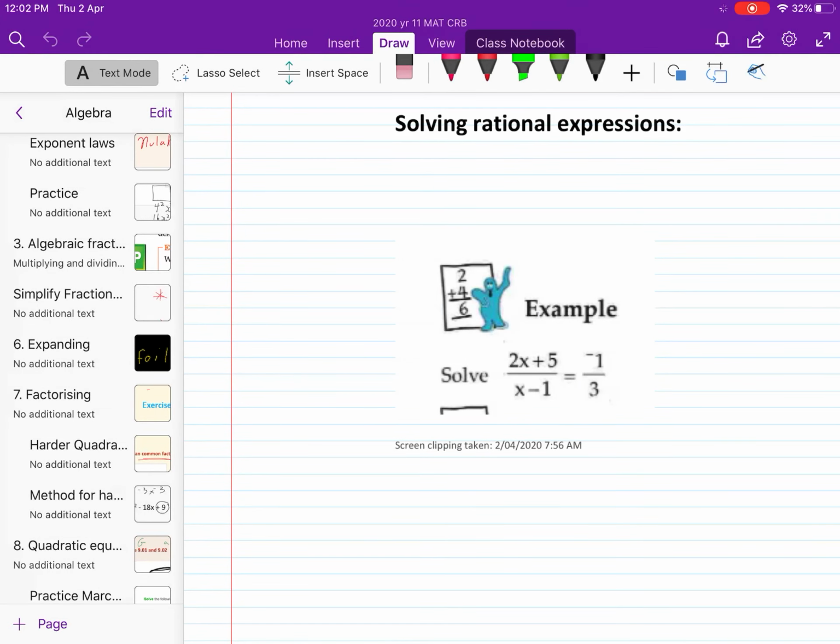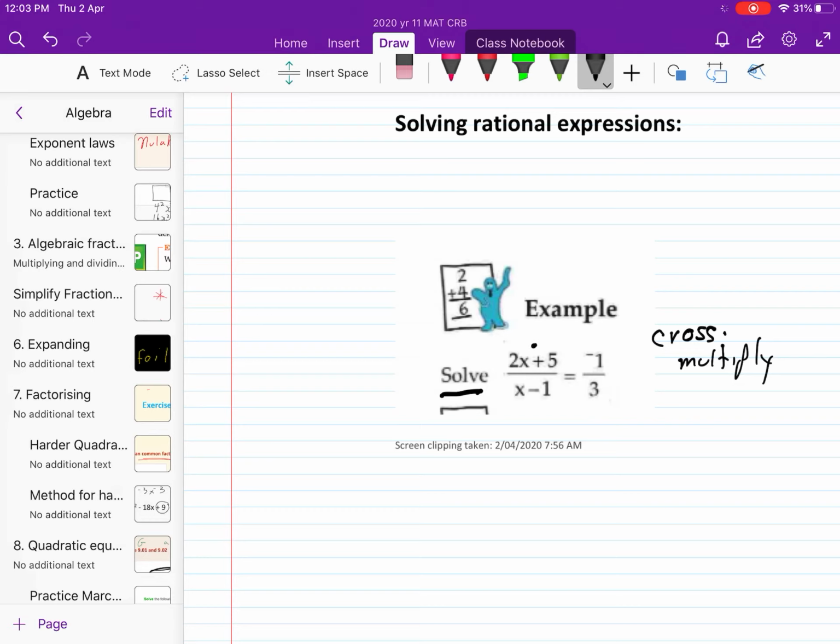Now, solving rational expressions, a little bit more to these. So again, we've got a fraction on one side and a fraction on the other side, and there's an equals in between. So this is an equation, we have to solve it, and the direction is solve. Now I might teach this quite differently if I had a little more time, but I'm going to show you a shortcut for doing this, and the shortcut is to do what we call cross multiply with these kinds of examples.